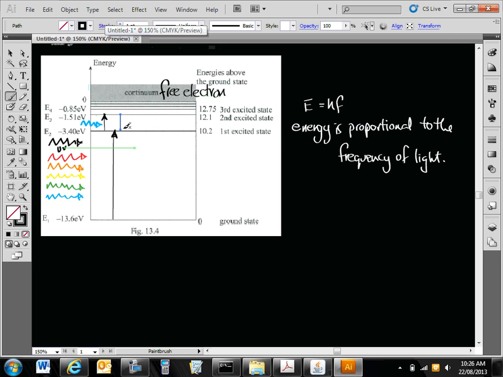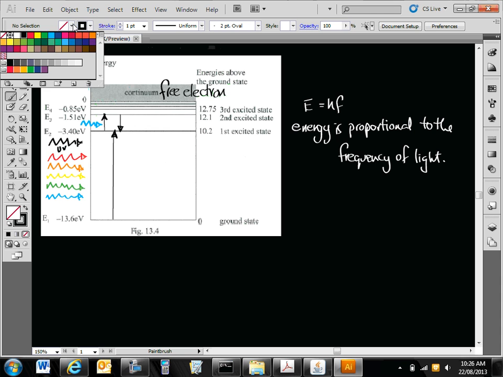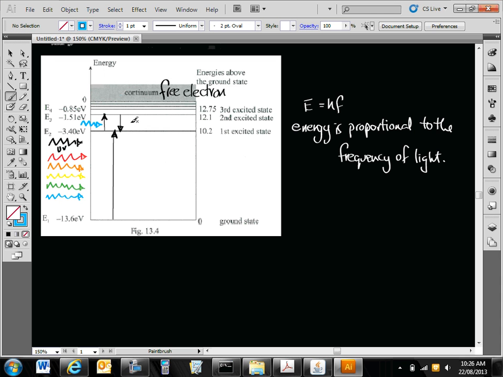What then happens? It emits that blue frequency, which corresponds to this energy jump here. That energy jump here corresponds very specifically to that blue frequency again. The atom emits a blue photon.